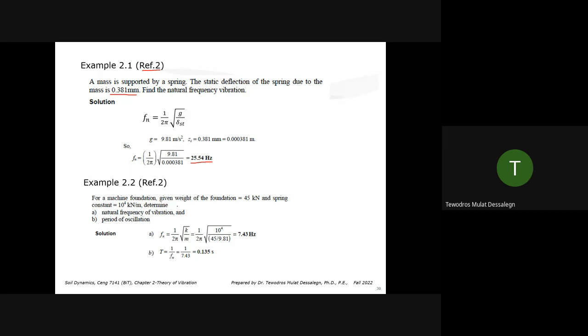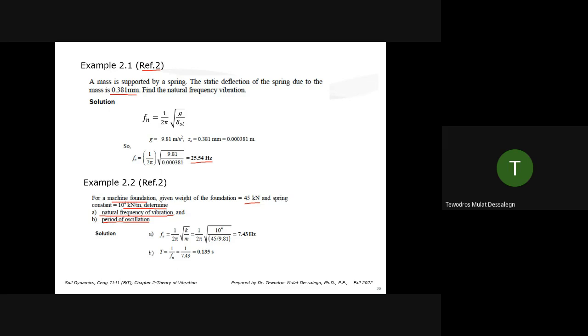Let's see another example. For a machine foundation, the given weight of the foundation is 45 kilonewton and the spring constant is 10 raised to 4 kilonewton per meter. Determine the natural frequency of vibration and determine the period of oscillation. Period and natural frequency, once you find one, are inverses of each other.